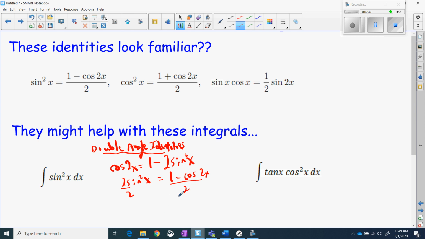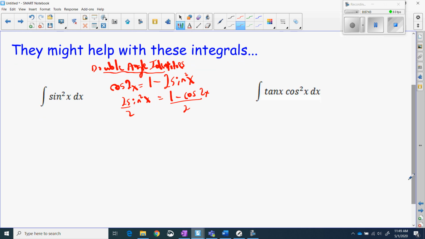And I'm going to put this expression in here instead of sine squared. So I'm going to replace sine squared with this: 1 minus cos 2x, now it's over 2. That would be the same thing as just putting 1/2 out here, like so. Well, I now have the integral of two separate terms. First one's really easy.